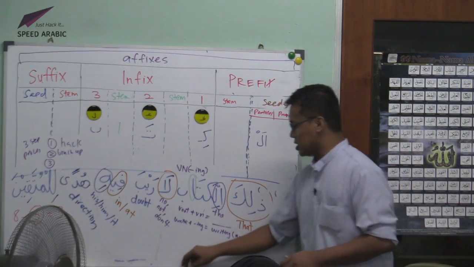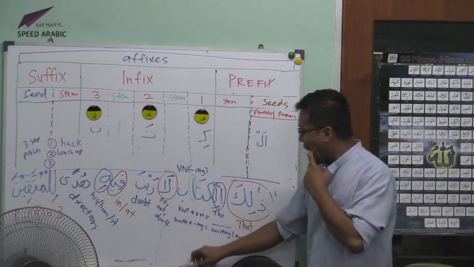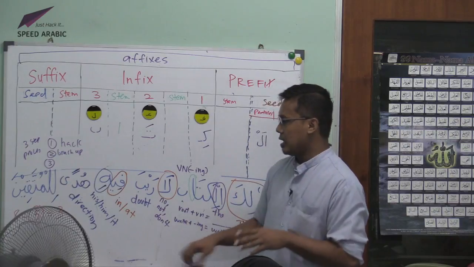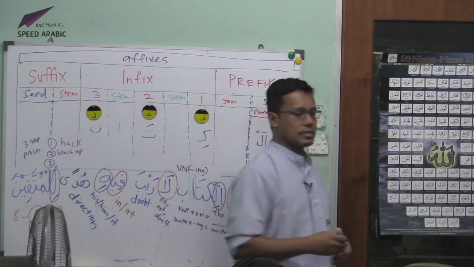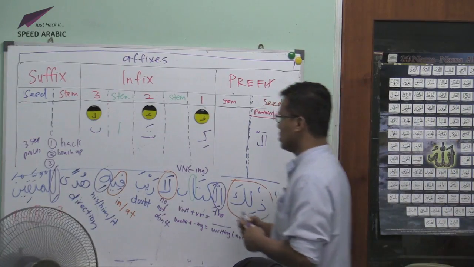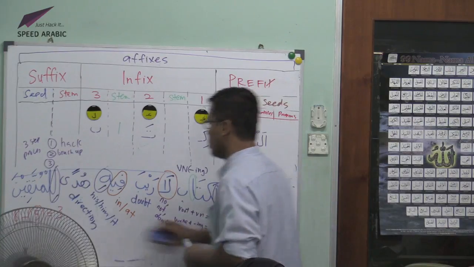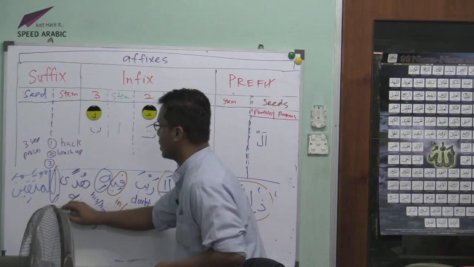Okay. Because we have not gone through everything in the word hacker, I will just highlight for you. Li. Can you see Li in the sticky particle? What does it mean? For. It means for. So you are done with 1.